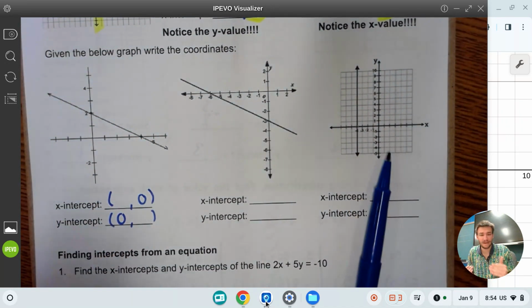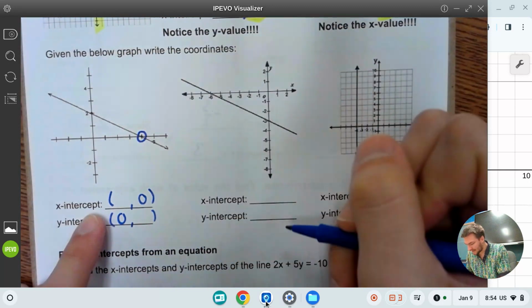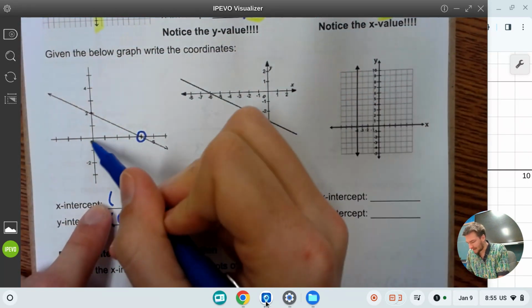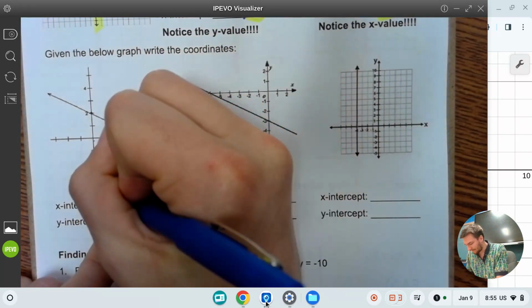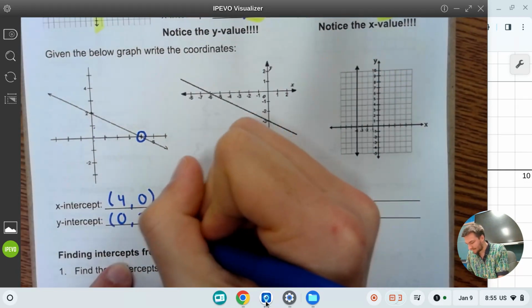We don't even have to think about it. It's guaranteed every single time. So when we go for this x-intercept, it's right here. That x-intercept is going to be 1, 2, 3, 4. And the y-intercept is going to be 1, 2.